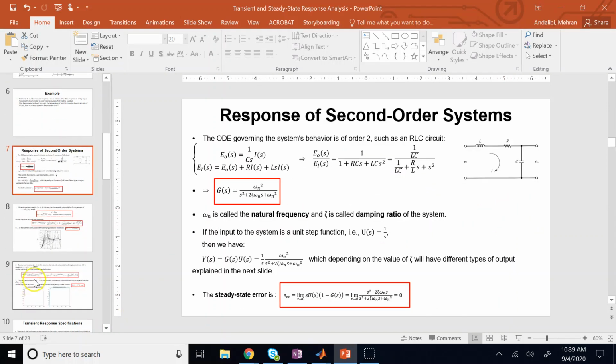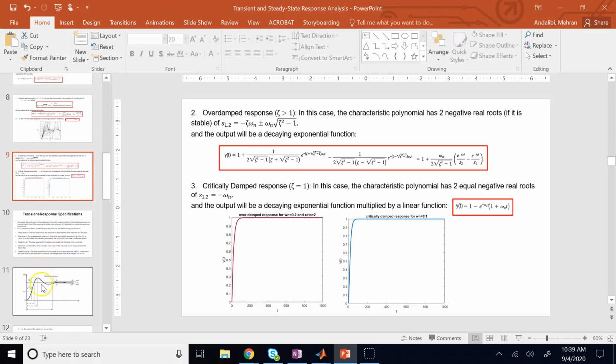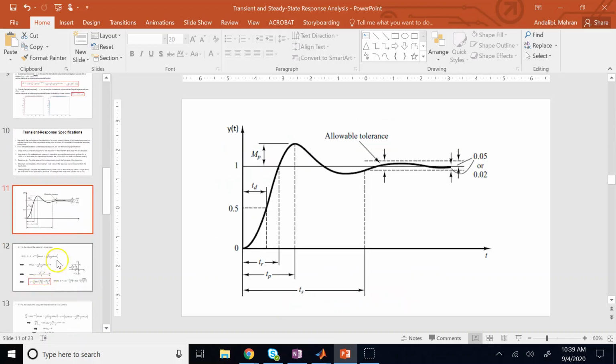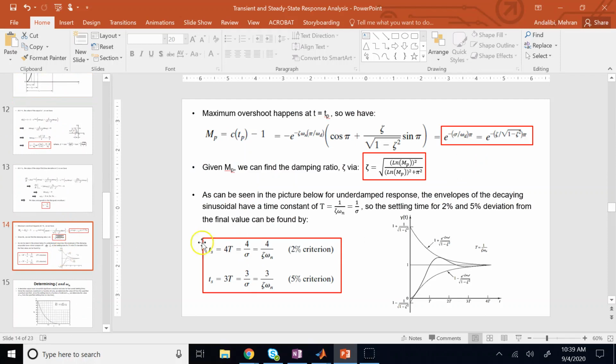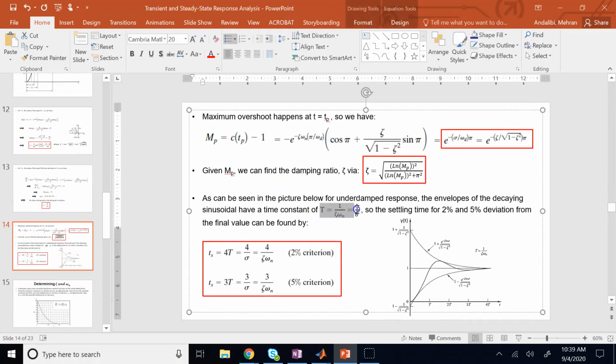So if you make a second order system similar to the first order, you can define a time constant of 1 over sigma for this system, because those two exponentials that I said are the envelopes of the decaying sinusoidal. So for those, you can define a time constant, right?